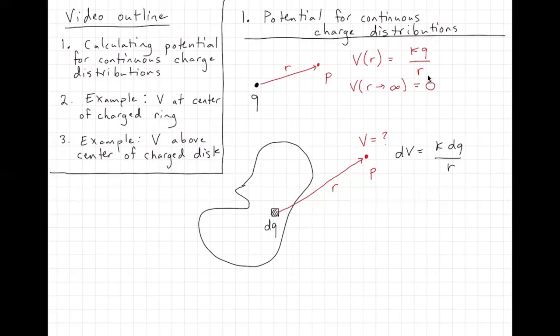And I get a little bit of potential contribution when I imagine moving along a path from infinity to that point P. Then, like when we did electric field, if we want to get the potential, I'll be integrating all of those dV's over the entire object. So that's going to look something like integrating k dq over r, and these integrals are over the entire object.